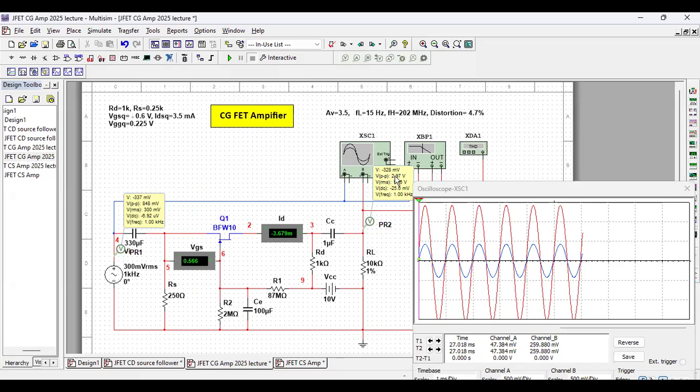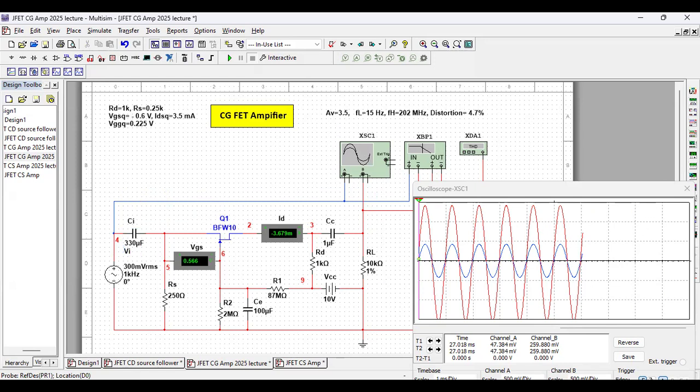The peak-to-peak output is 2.97 volt and peak-to-peak input is 848 millivolt. That gives a gain of 3.5. So once again, as I said, the purpose of a FET amplifier is not gain, but to provide high input impedance, right?